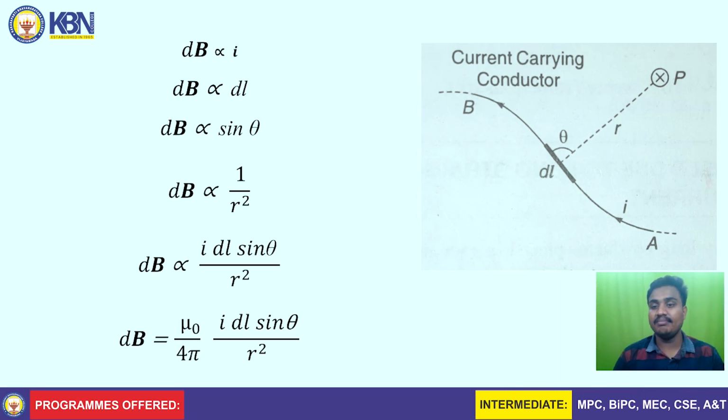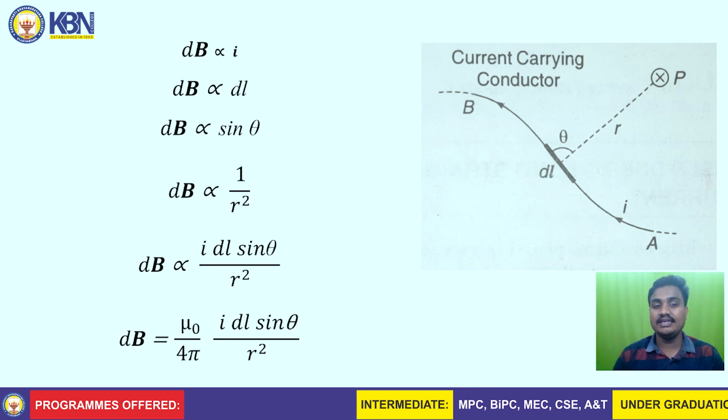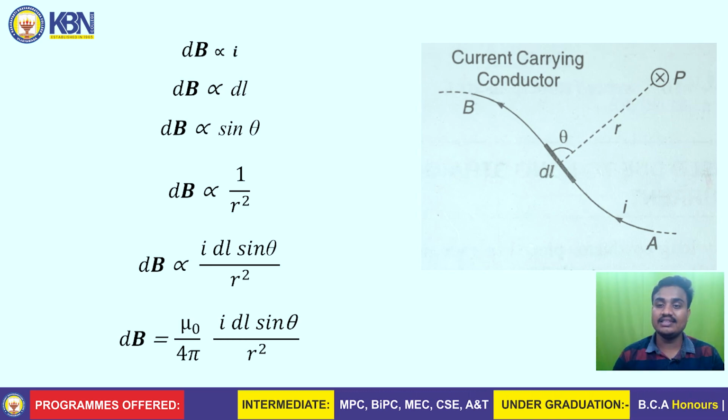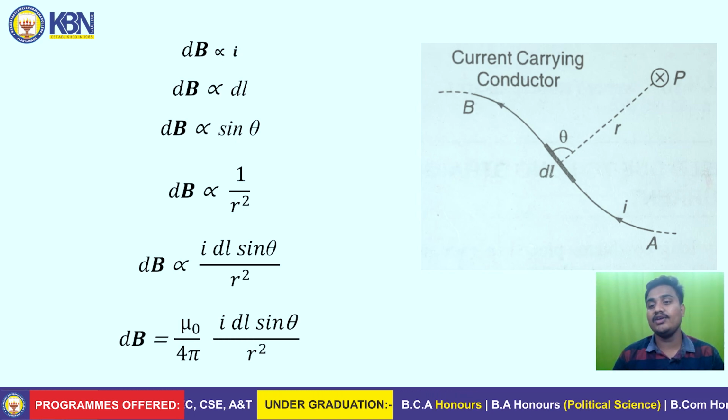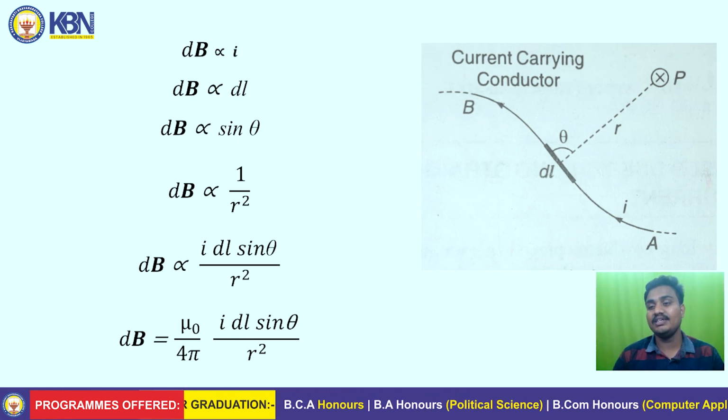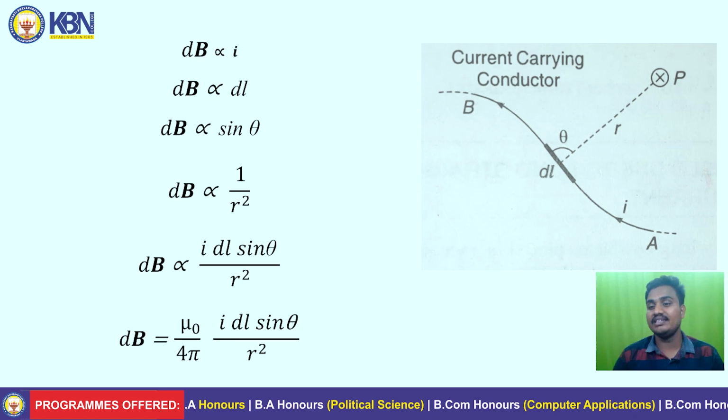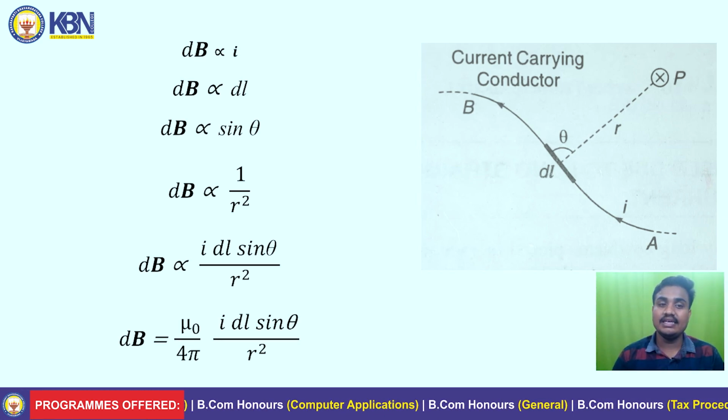And the last one, dB is inversely proportional to the square of the distance r between the length element and the point P. So dB is proportional to I, to dl, to sine theta, and to 1 by r square.